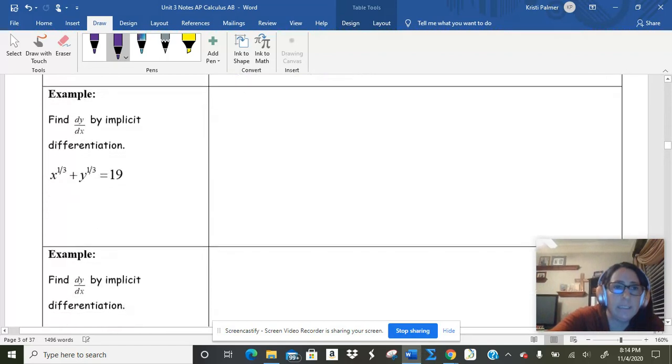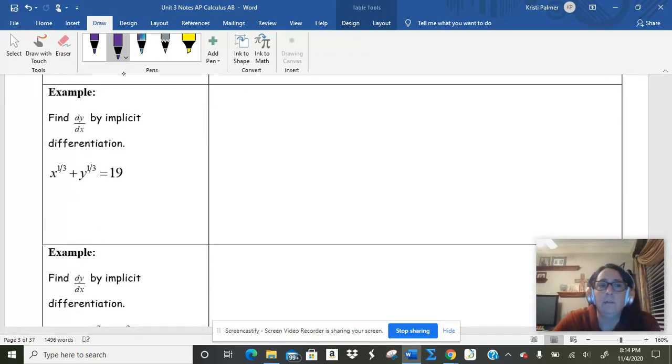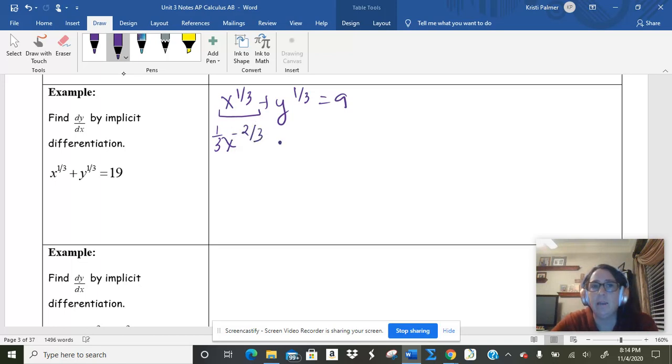So let's look at the first example. I'm going to rewrite it real quick, and take the derivative of this. So this would be 1/3 x to the negative 2/3, but now we took the derivative of x with respect to x. Plus, we're going to take this derivative.